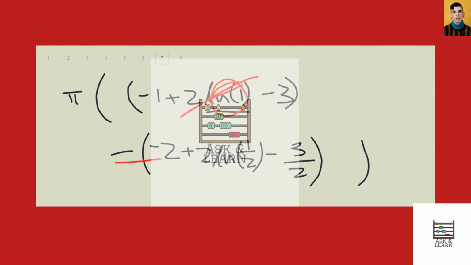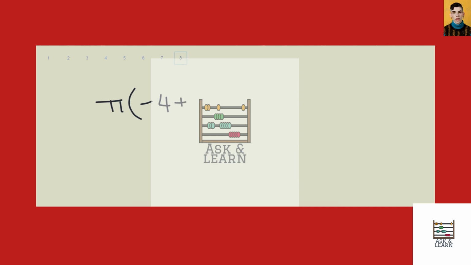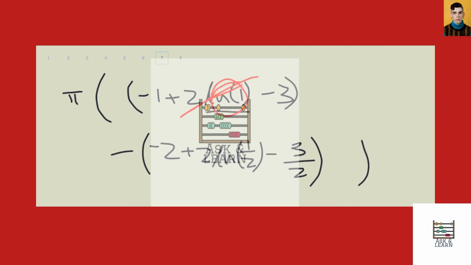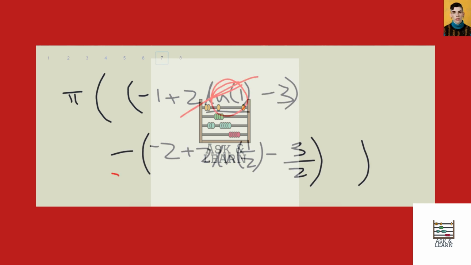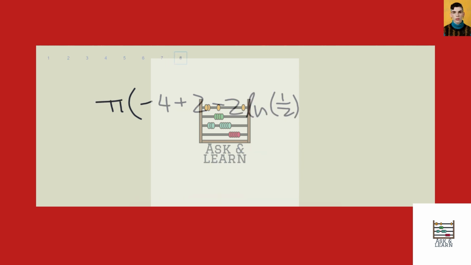We're adding 2 here, subtracting 2 ln of 1/2, and adding right there 3/2. That is -2 minus 2 ln 1/2.